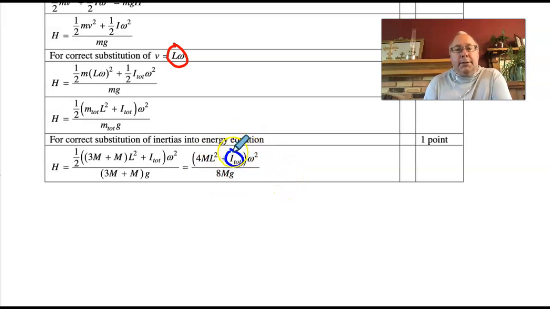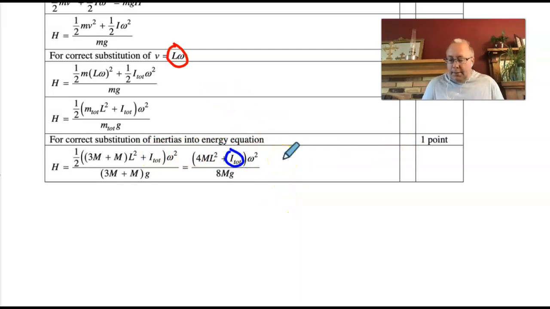So the only reason that I can see that they wouldn't have you substitute in the expression that you figured out, the 5/2 m L squared for the I total, is for that reason. It simplifies their grading. That way they can award points and don't do double jeopardy in a much more efficient way.